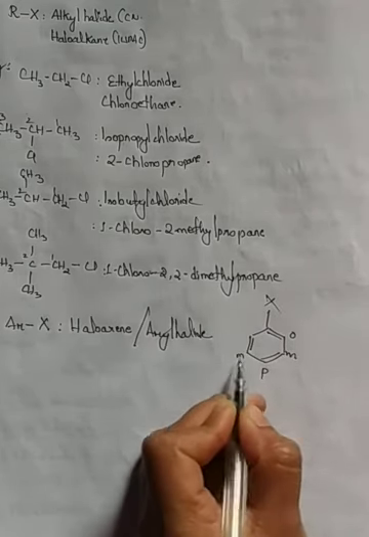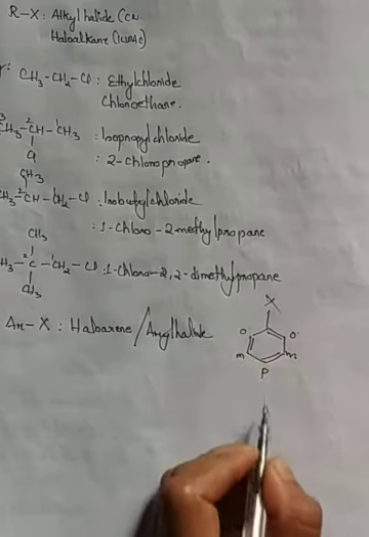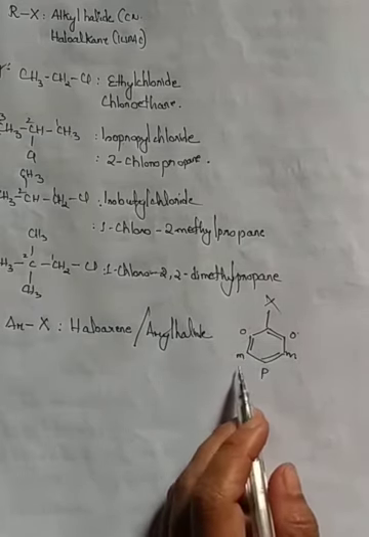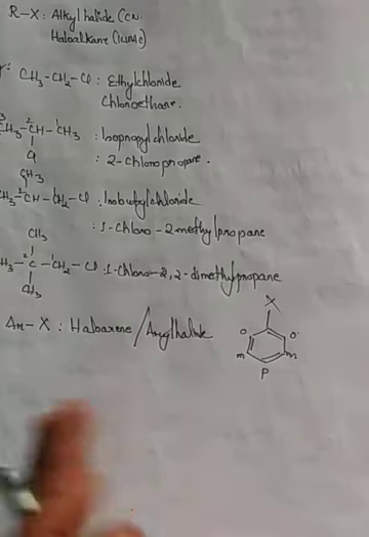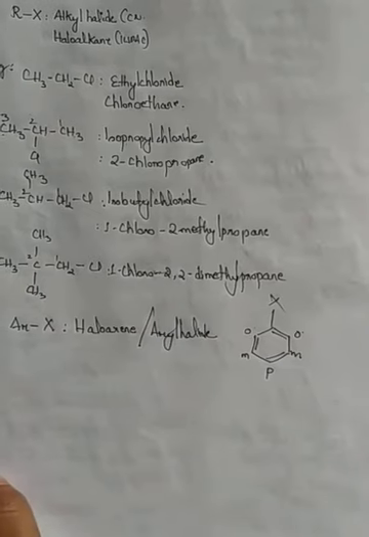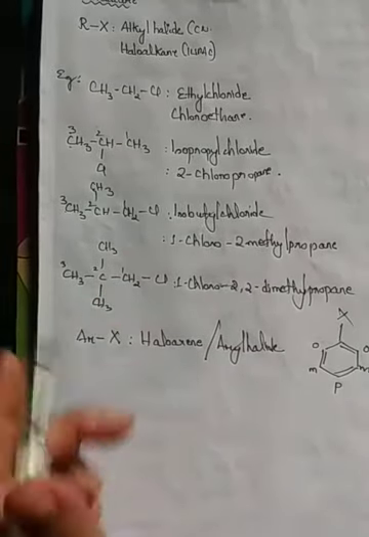This one with respect to this is meta, this with respect to this is ortho. The naming in the common system for haloarenes will be given in terms of ortho, meta, and para positions, whereas the nomenclature for the IUPAC system will be done with the help of numbering as in haloalkanes.